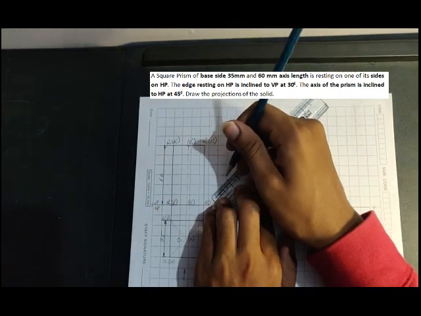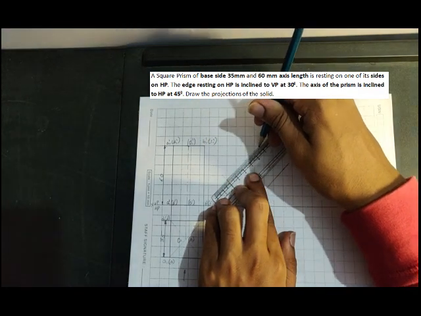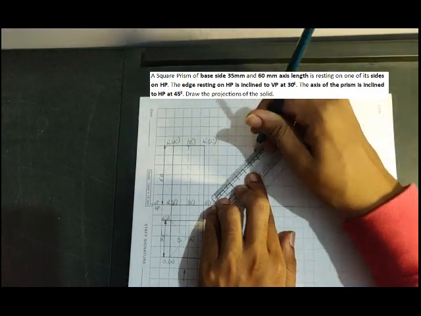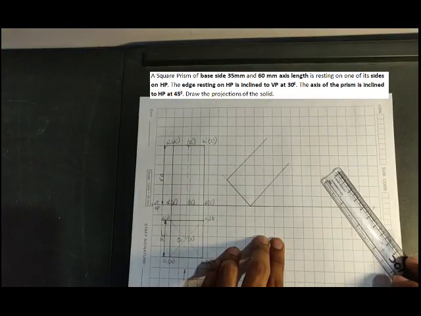Hope you're understanding this. So 10, 20, 30, 40, 50 and 60. So I'm drawing a visible line, which should be a dark line, right?